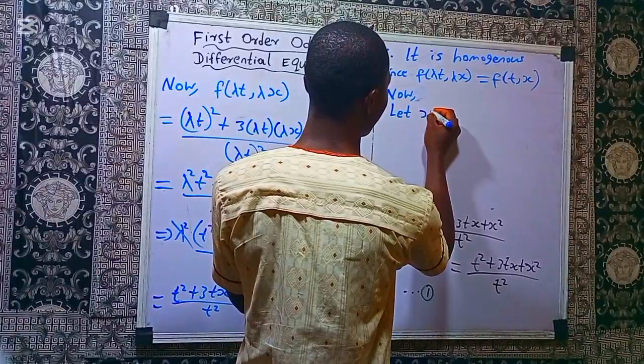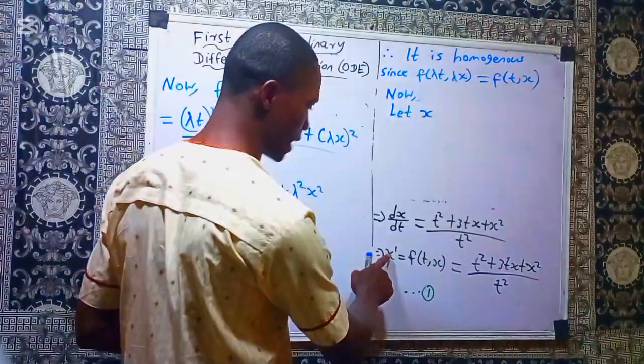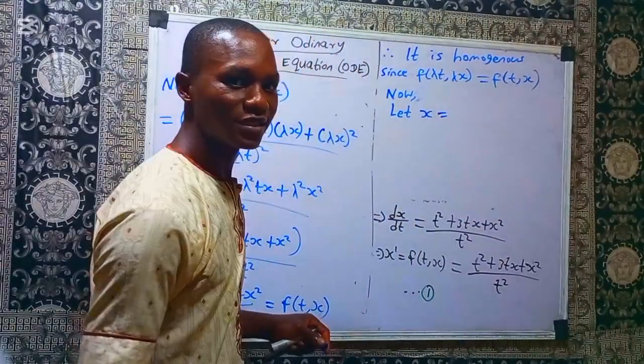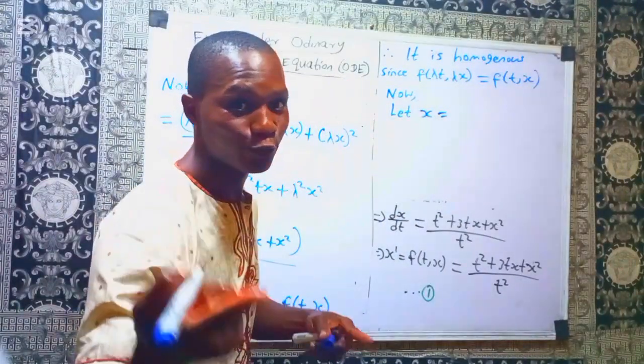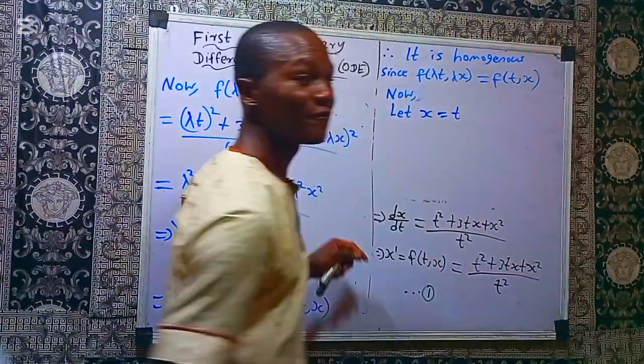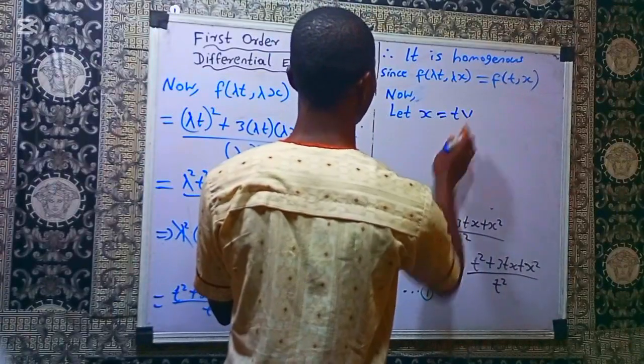What is my dependent variable in this ODE? The one that has prime. Which one has prime? x. So x will be equal to t times another variable. Okay, v. I choose v in this case.